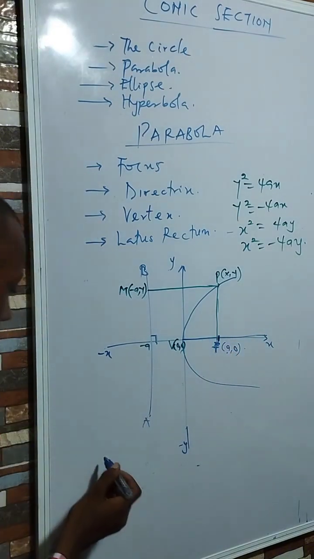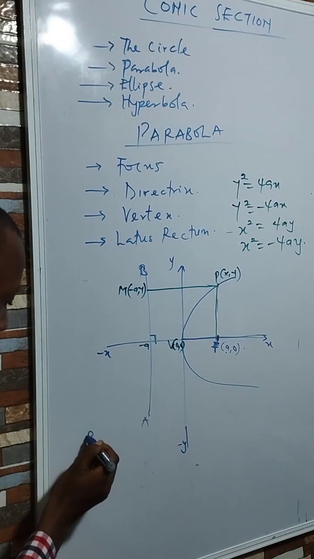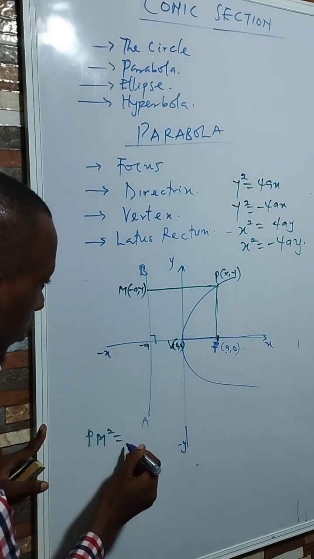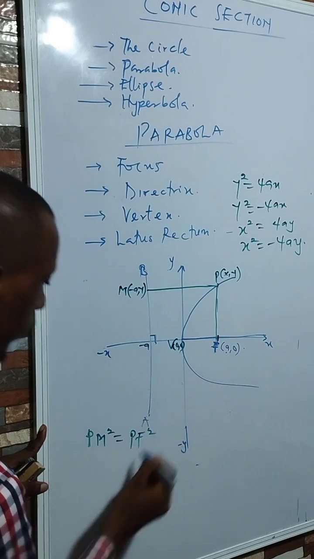So in that case, we are saying that PM square is equal to PF square.